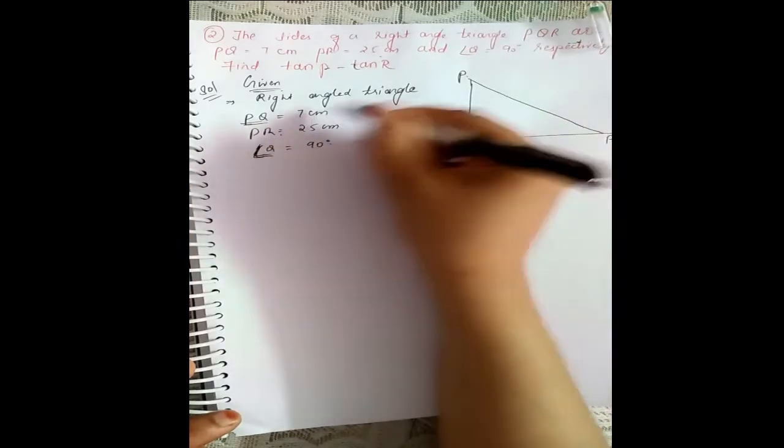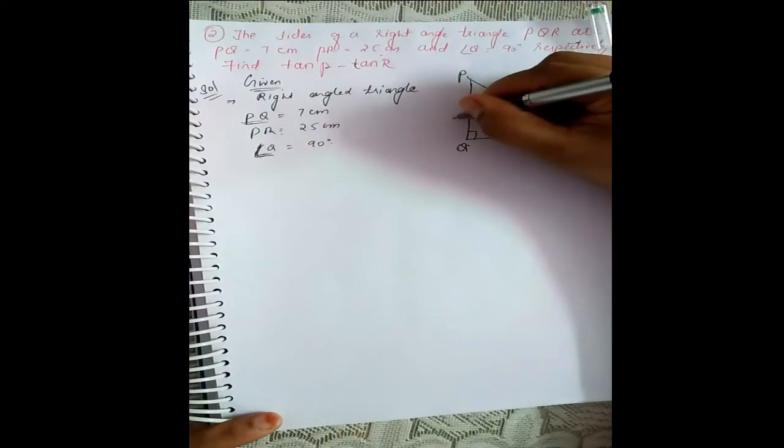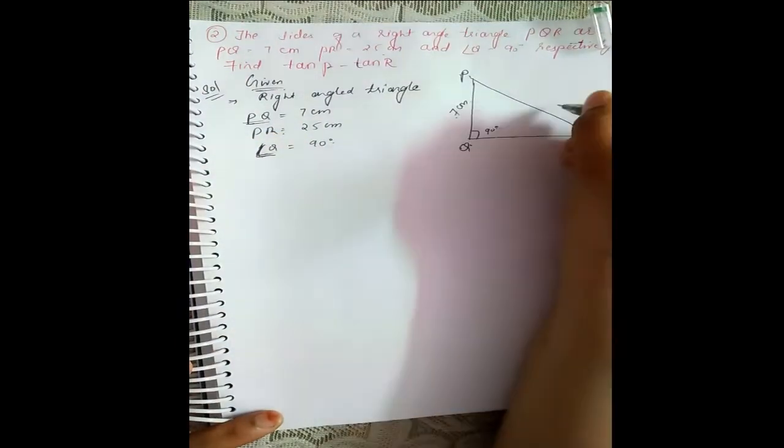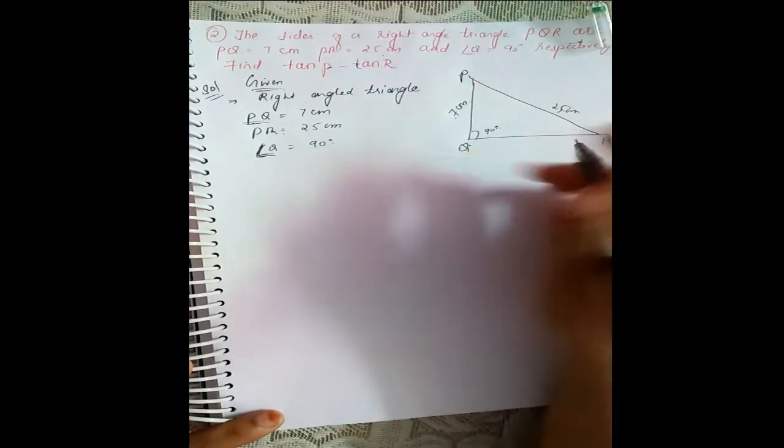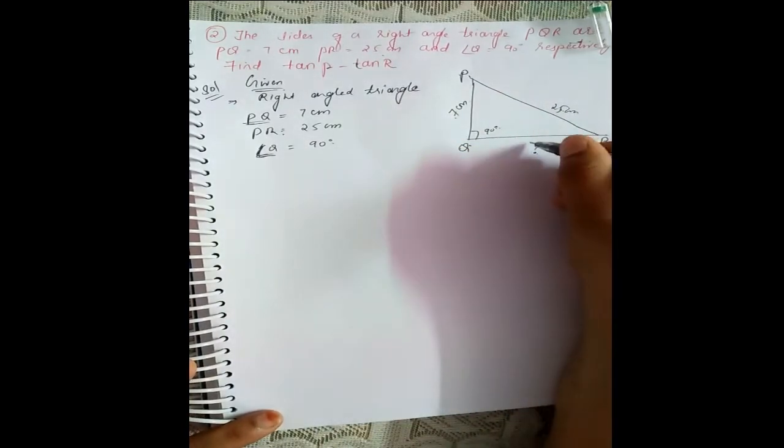Whenever we know one of the sides, like PQ, it's given as 7 centimeters. What is PR? It's given as 25 centimeters. This other value, is it given? No, it is an unknown value. So how do we find this value?